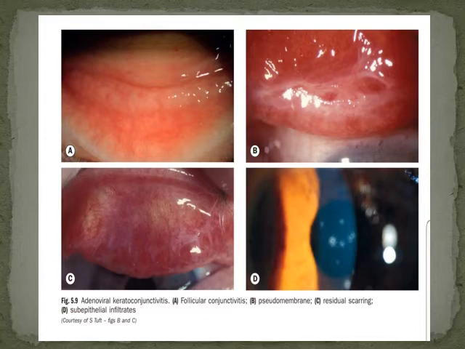Viral infections, again, can be due to adenovirus, then herpes simplex keratoconjunctivitis, herpes zoster conjunctivitis, molluscum contagiosum, and so on.